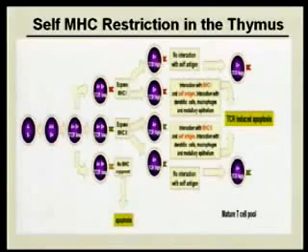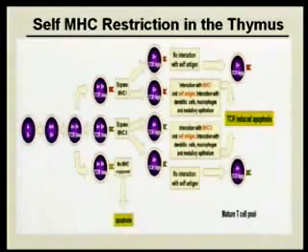When they first start out, they're neither. They go on to the next step, where they express some CD4 and some CD8, so they become double positive cells. In the next step, they start to express some T cell receptor. This is when they start undergoing positive and negative selection.